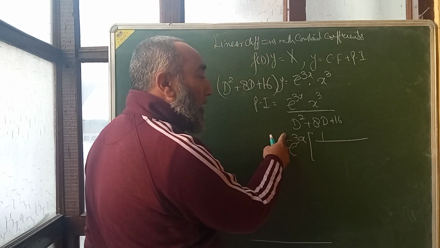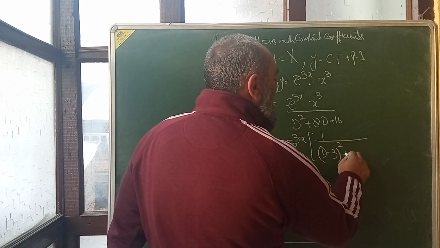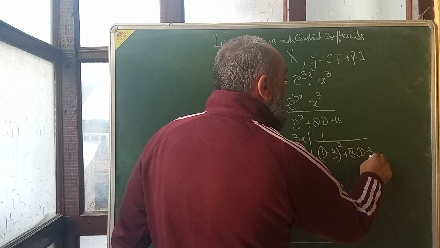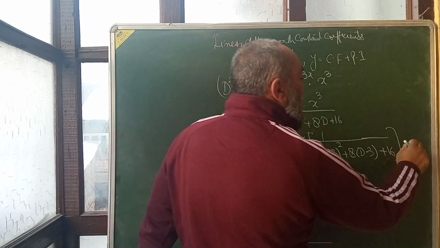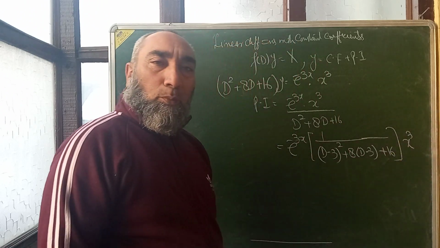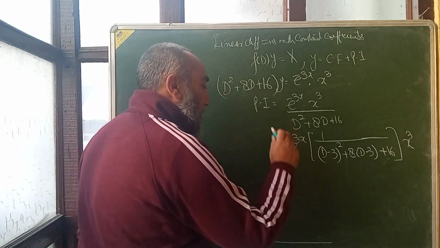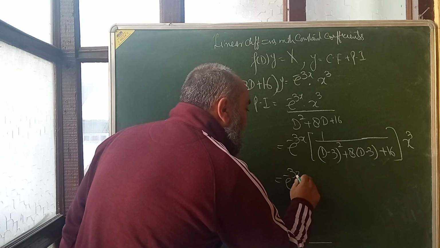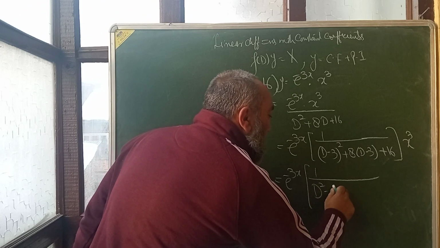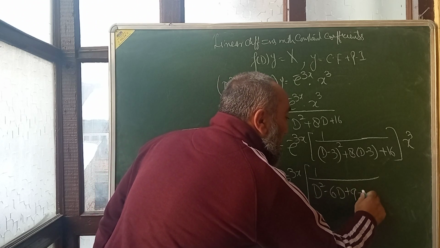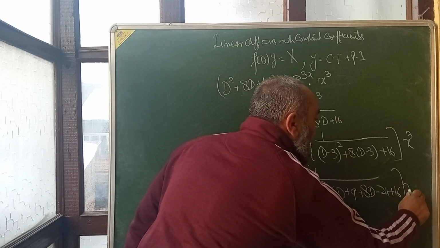Here a is minus 3, so it is (D minus 3) whole square plus 8 times (D minus 3) plus 16, and the rest of the function is x cube. You see, x cube is a polynomial, so you have to use the binomial expansion. First of all, you have to evaluate this one. This is e to the power minus 3x times 1 upon D square minus 6D plus 9 plus 8D minus 24 plus 16, operating on x cube.